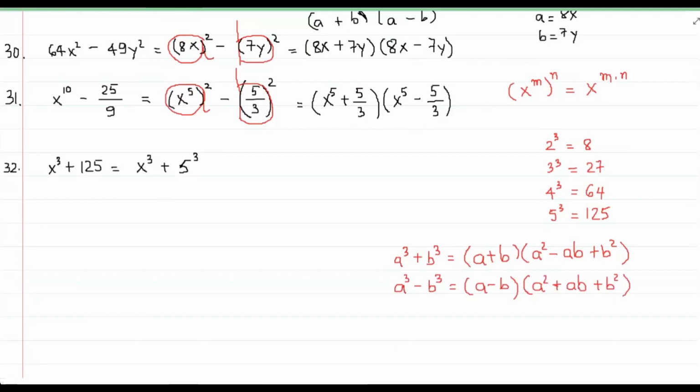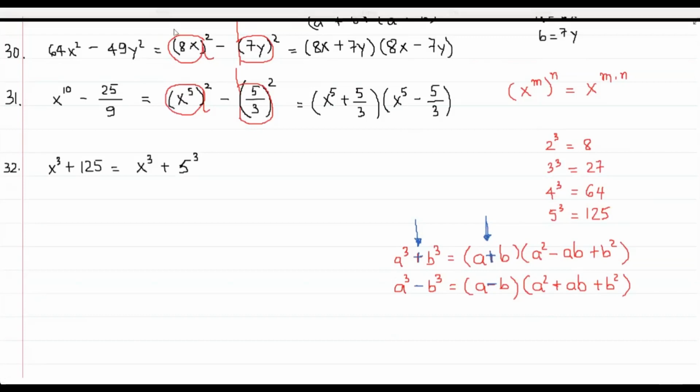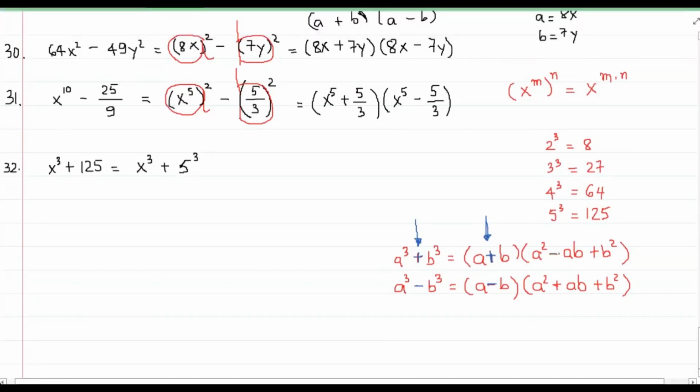And how to remember it? You will see it's the same thing, right? a cubed, b cubed. The only difference is the sign. So this side will be the same as the sign showing. If it's positive, this one will be positive. If it's negative, that one will be negative. And also, this one will be the opposite side.